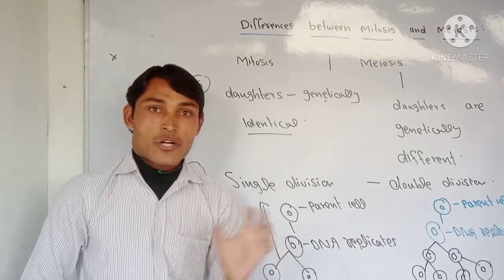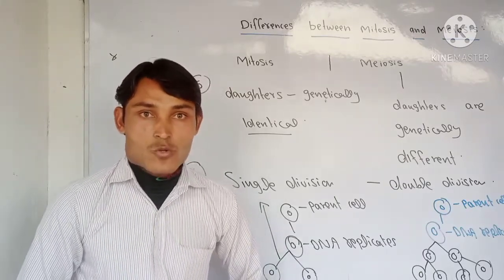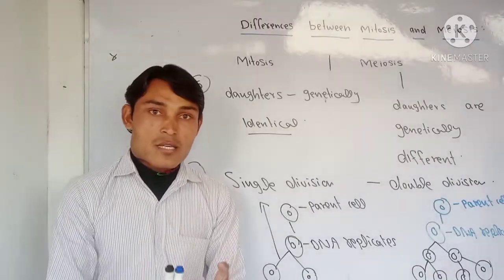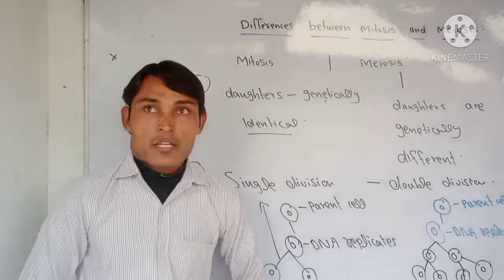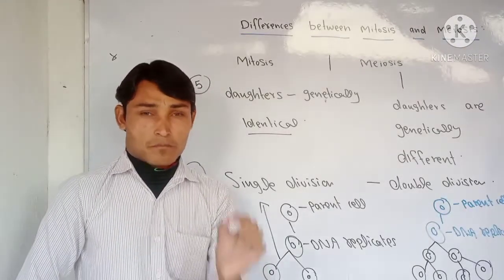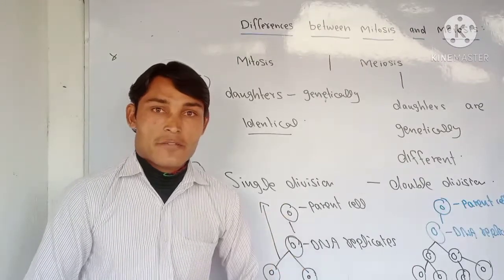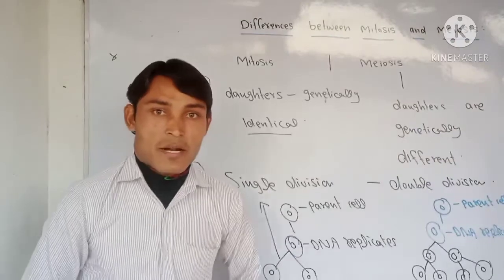The third point is that mitosis receives the complete number of chromosomes. The fourth point is that mitosis daughter cells are identical, similar to the parent. And the fifth is that mitosis involves single division.